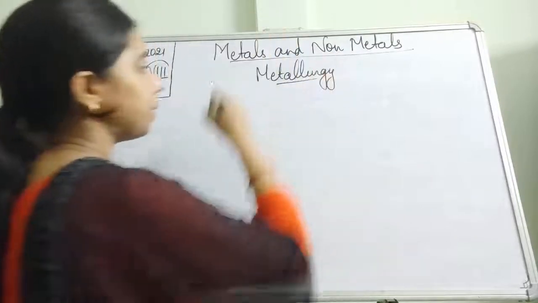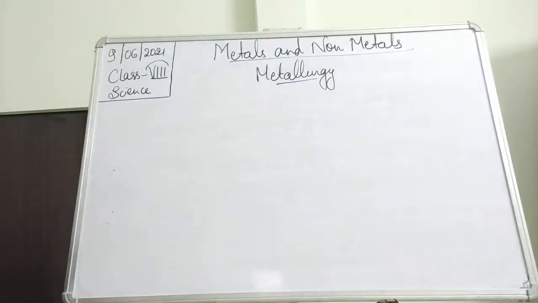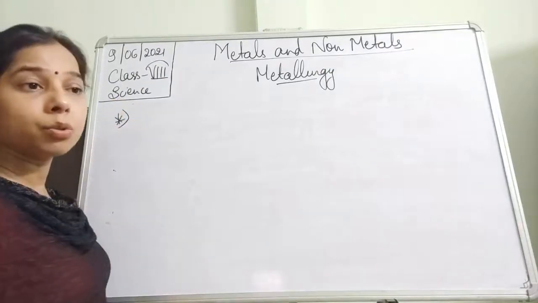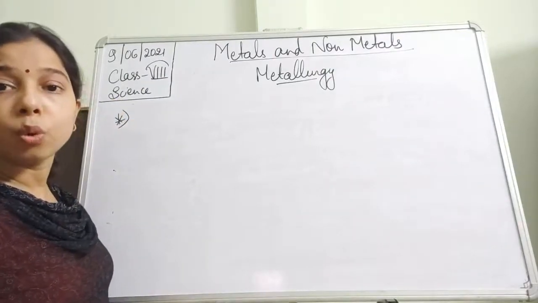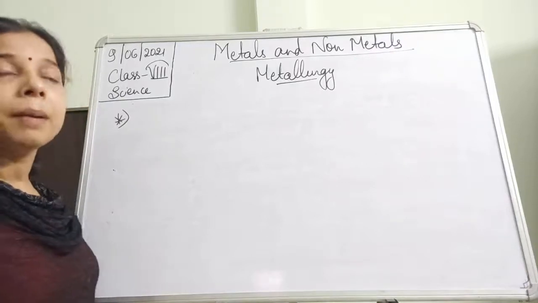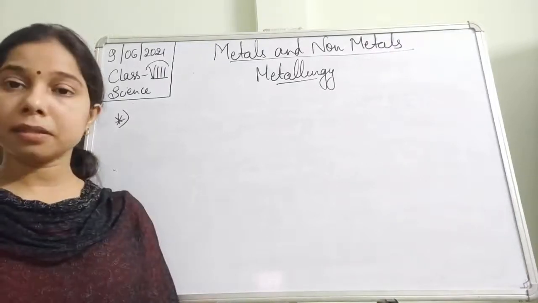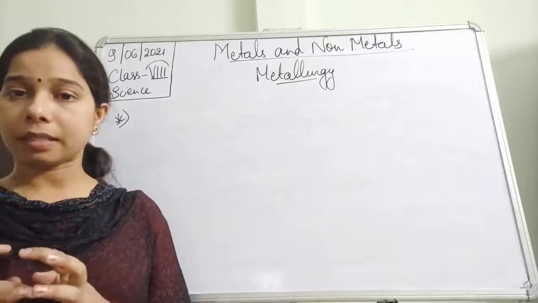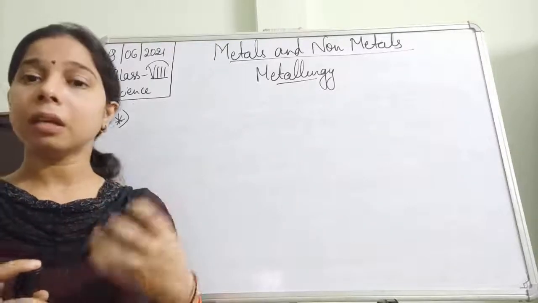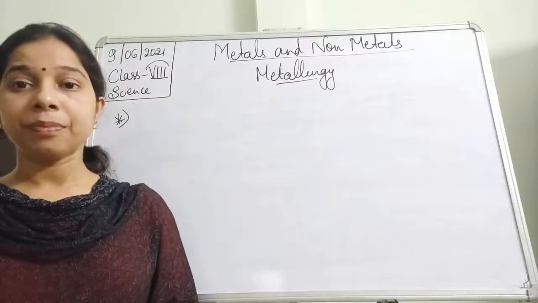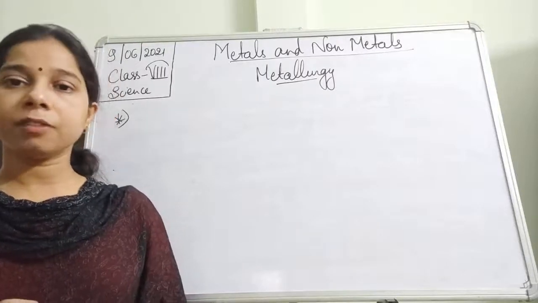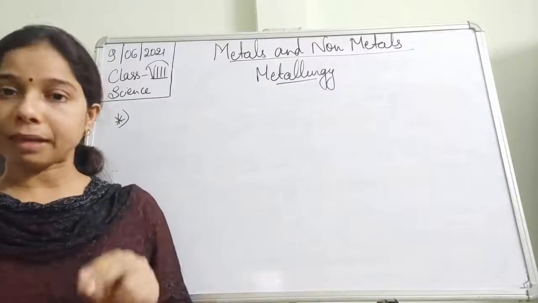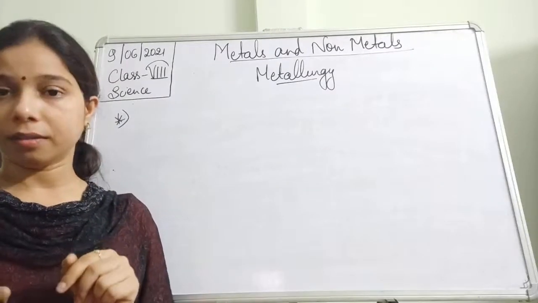Called metallurgy. So we can write here that there are a few terms, students, that you have to understand. The first term is ore. What is ore? Metals do not exist in a free state, but always occur in a combined state. It may be combined with different elements, and we have to separate it from them. So the combined form of the metal is called ore.